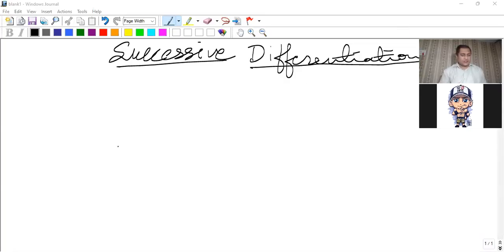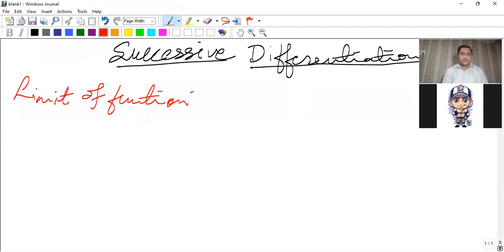So first we need to understand the limit of the function. So let us think of the limit of a function.